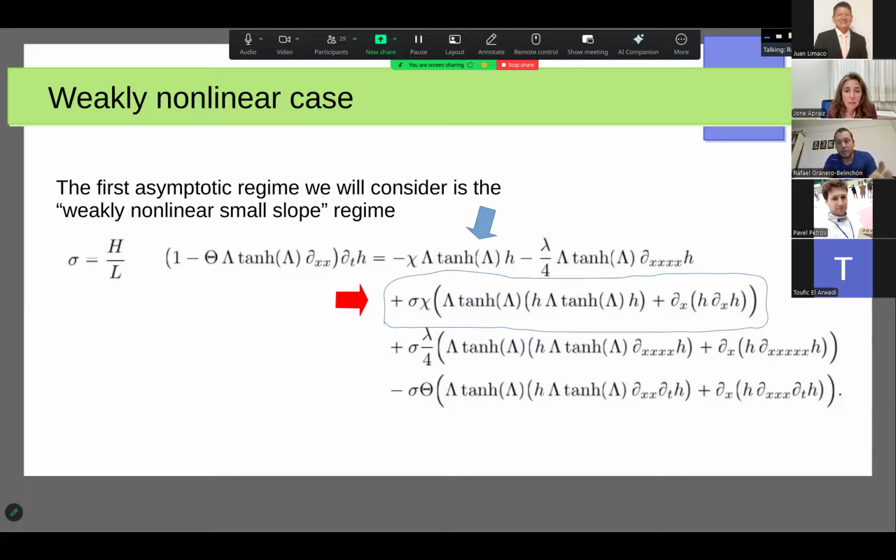Let's say we subtract three derivatives from h, and then we basically have a nonlinear heat equation for h. So if I had to classify this equation, I would say it's a second order parabolic PDE, so to speak. This is intuition.